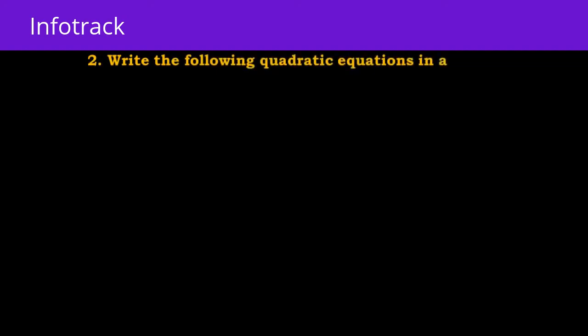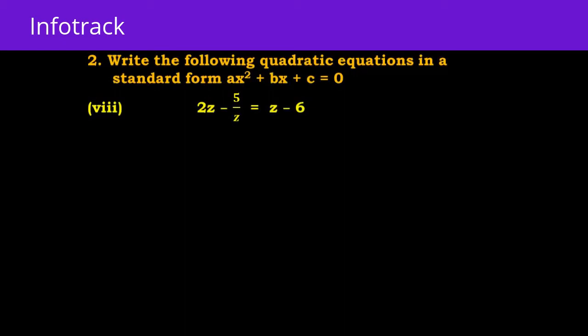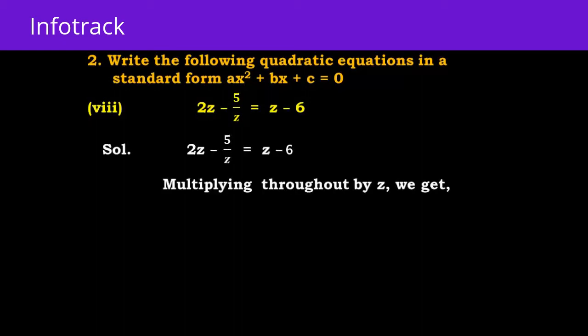Write the following equations in standard form. 2z minus 5 upon z is equal to z minus 6. Again we have to convert this into general form. For that, the denominator z is not required, so first multiply throughout by z. We get 2z square minus 5, and at RHS z square minus 6z.